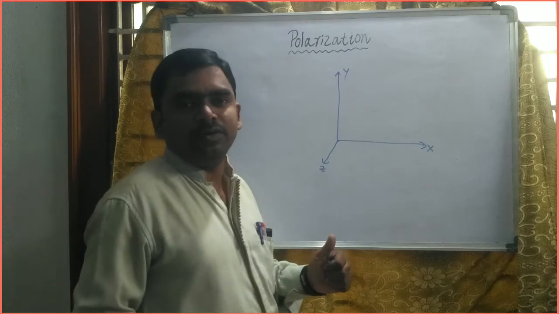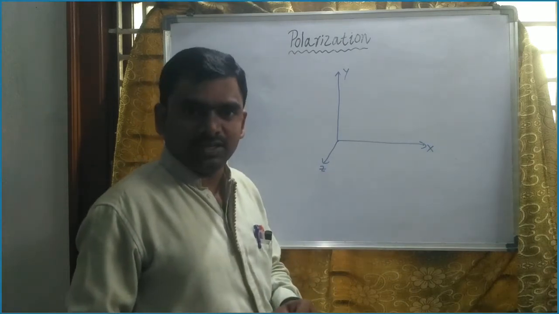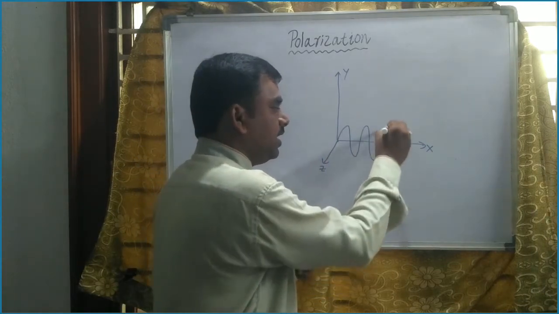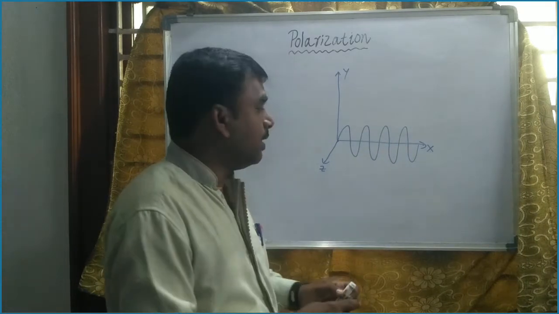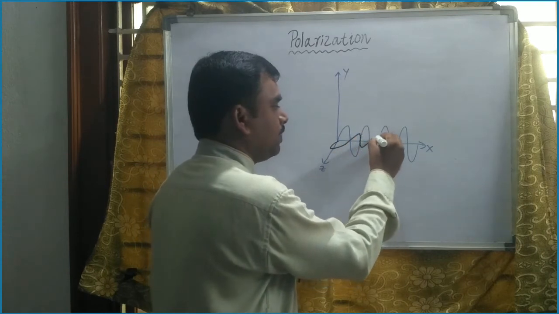For example, if the light is traveling along the x direction, it has two vectors. One is the electric vector and another one is the magnetic vector.